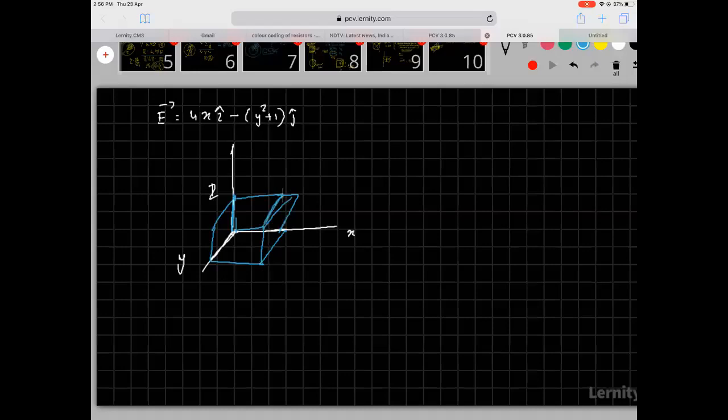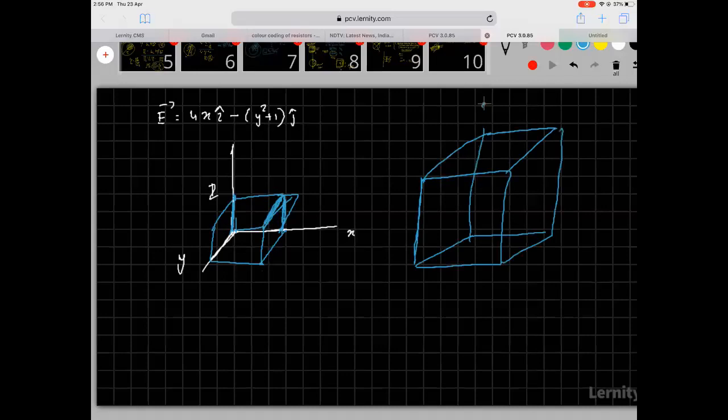So this doesn't look like a cube, but okay, assume it looks like a cube. The easy thing is to do it again. So this is the z-axis at the back. This is the y-axis. This is the x-axis. I have told you that this cube is of dimension 2.